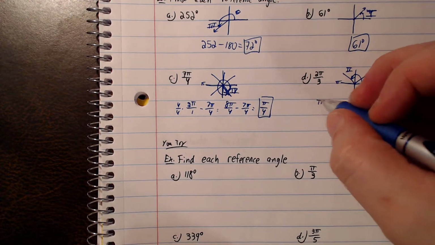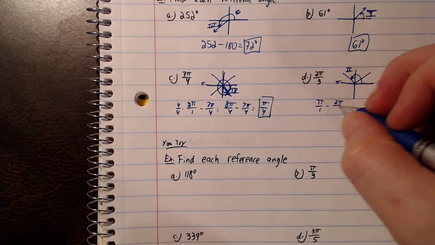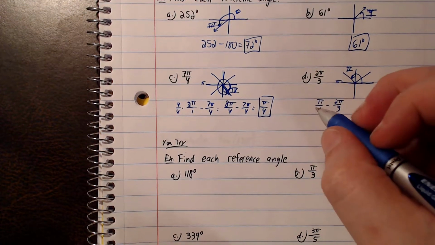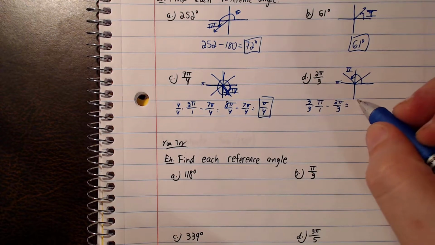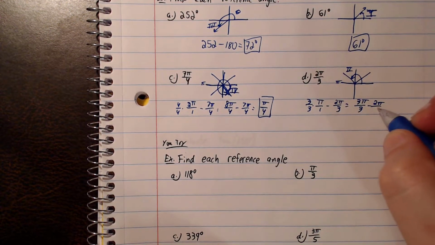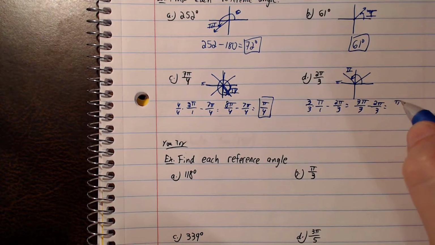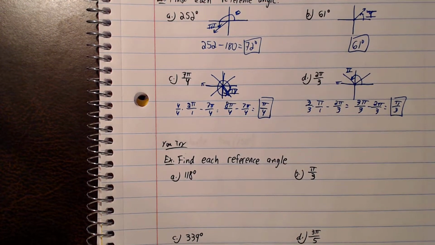So pi, which I'm going to put over 1, minus 2 pi over 3. I need to make my denominators match. We multiply by 3 over 3. So 3 pi over 3 minus 2 pi over 3 is pi over 3. So there you have your reference angle.